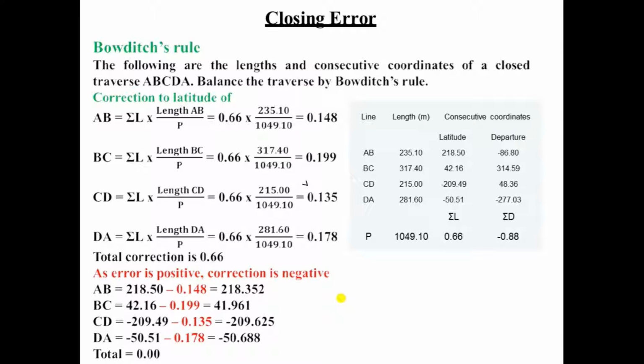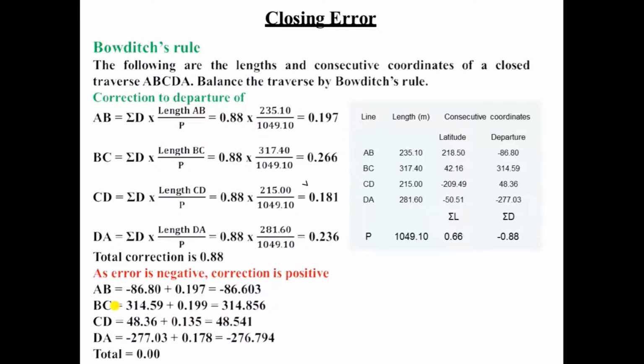The error is positive, so we have to apply the correction as negative. First, we have to subtract our correction from the actual reading. The latitude of line AB is 218.50 and we subtract 0.148 to get the corrected reading, and we proceed similarly with the other lines.